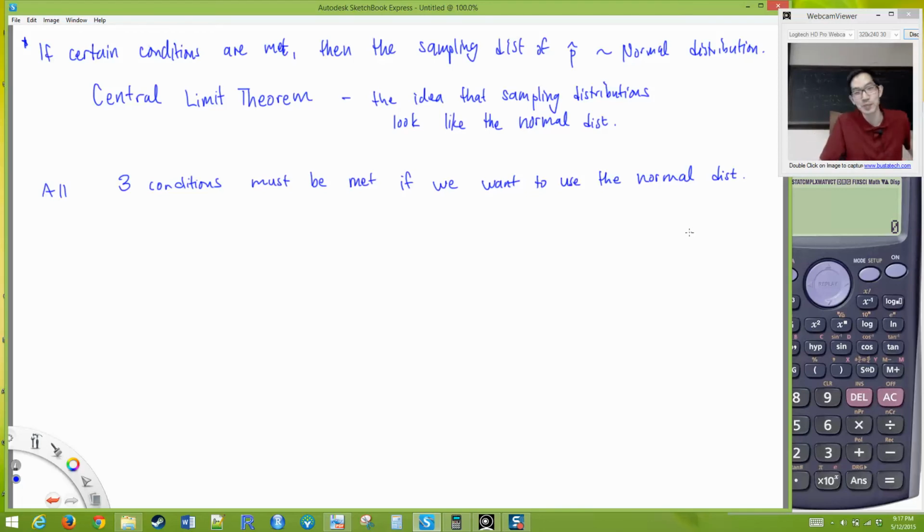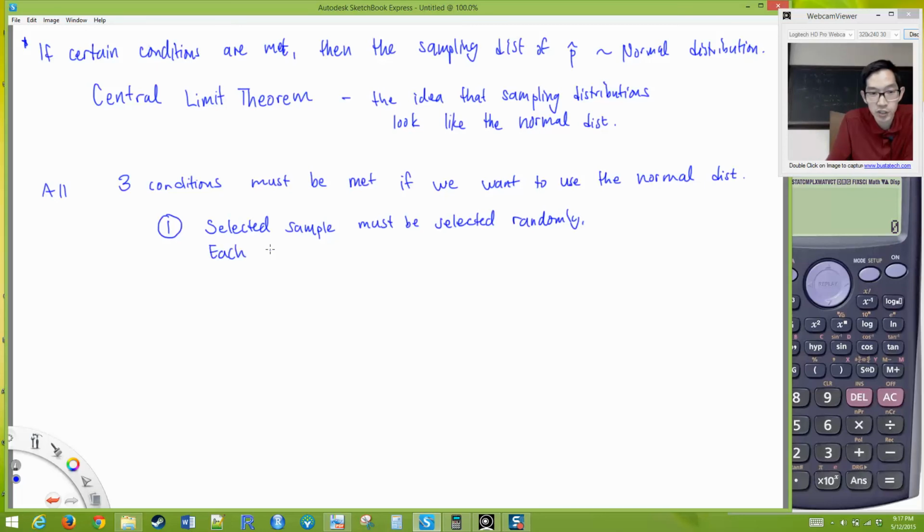Okay, anyway, our 3 conditions are that, number 1, the selected sample must be selected randomly, and each selection is independent of other selections.